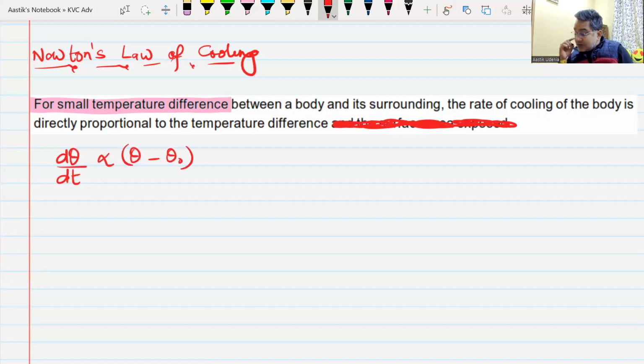What is theta, and what is theta naught? Theta is the temperature of the body and theta naught is the temperature of the surroundings. So d theta by dt will be minus k into theta minus theta naught.